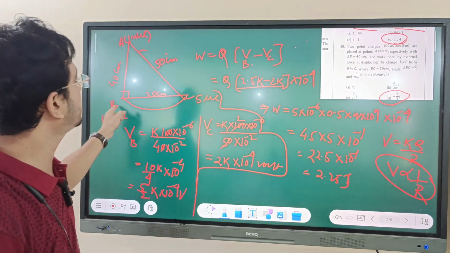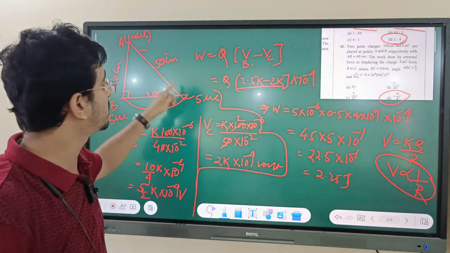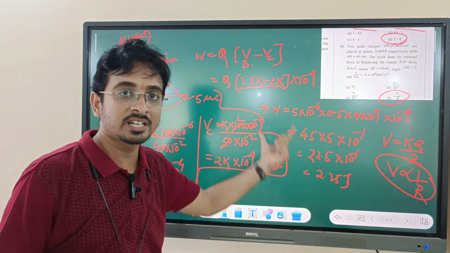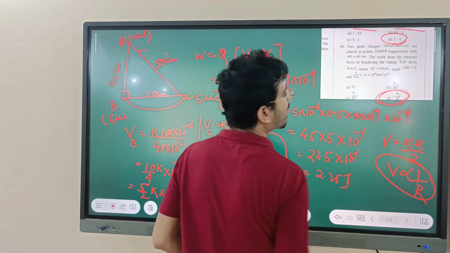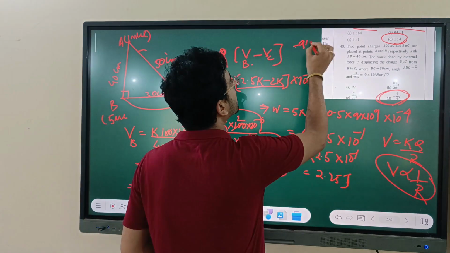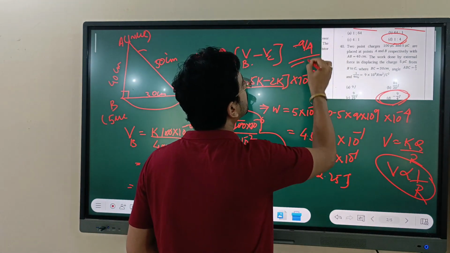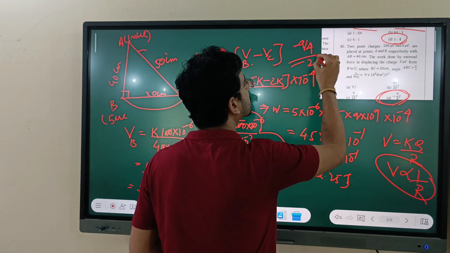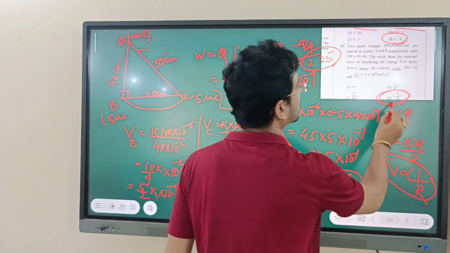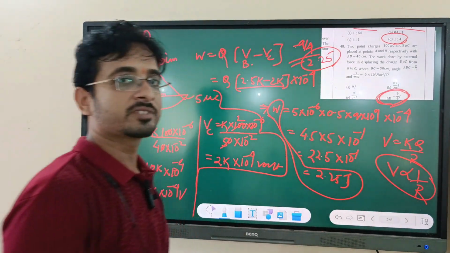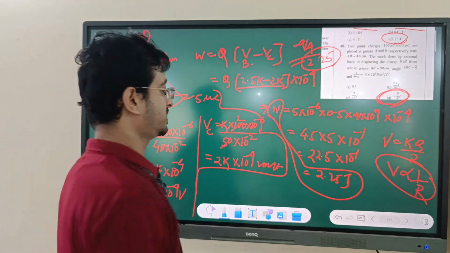If potential here is VB and potential at C is VC, it will decrease. Decreasing potential means a negative sign. The option will be minus 9 by 4, which is 2.25. So our answer is minus 9 by 4. The negative sign indicates that potential is decreasing.